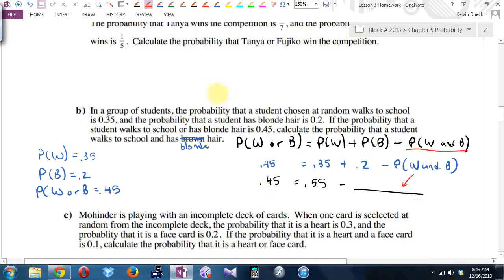And so you would go minus 0.55 from both sides, and you would have negative 0.1 equals negative and. I'm not writing the whole thing out because I'm running out of room. Then divide by negative 1 on both sides. You get and is 0.1. I think the probability of walking and I think it's blonde, not brown, is 0.1.